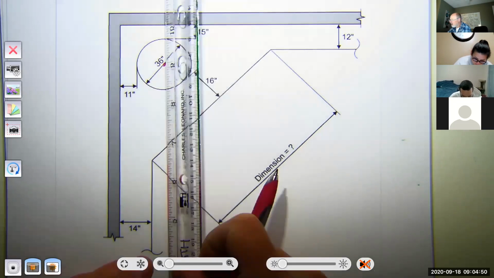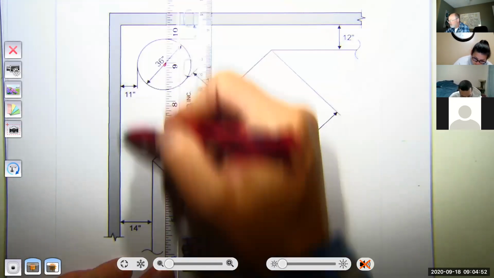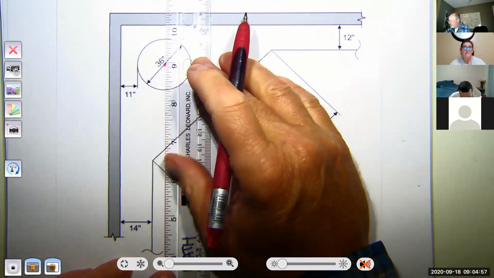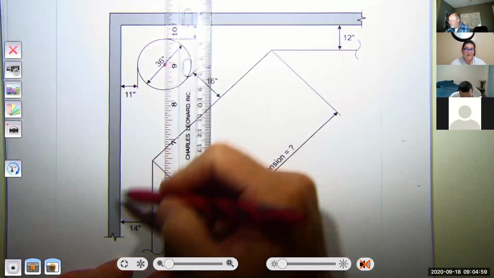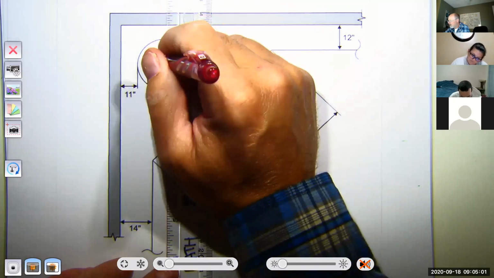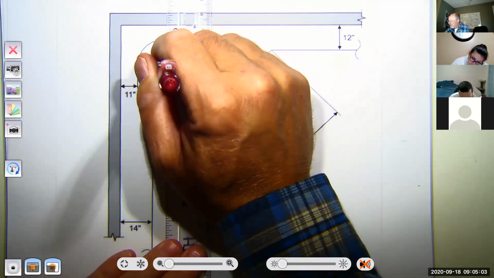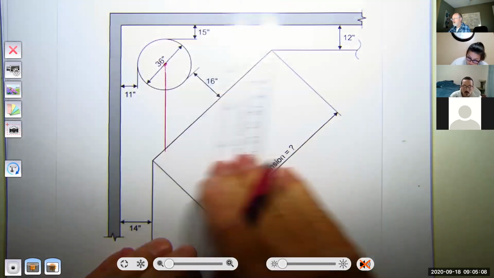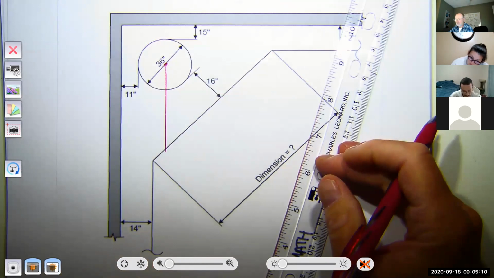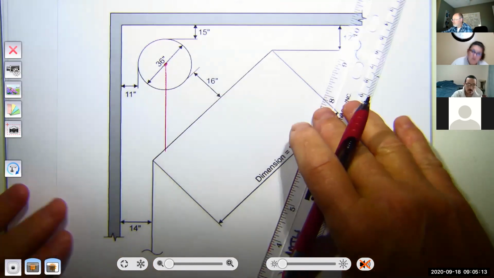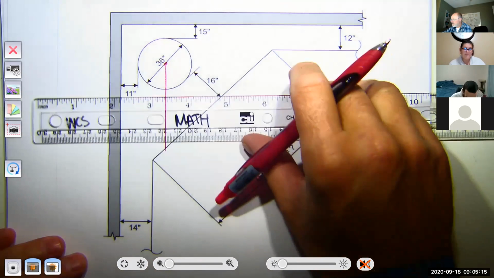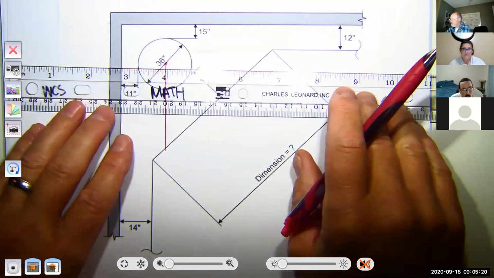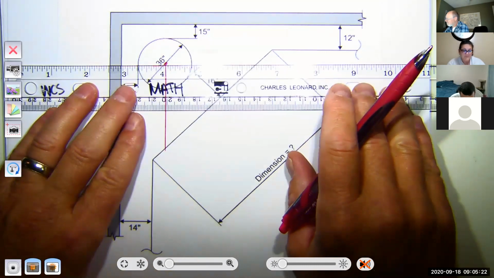I'm going to draw a line straight down, parallel to the outside wall, to the center line of the pipe. And then I'm going to draw another line parallel to this upper wall, to the center line of my pipe.